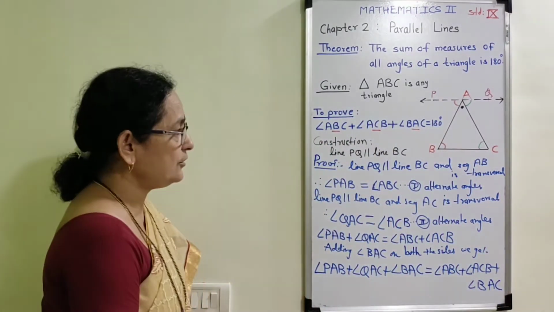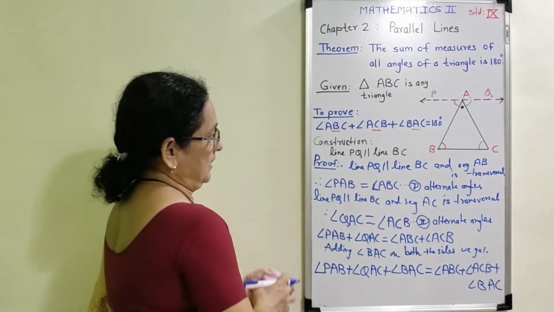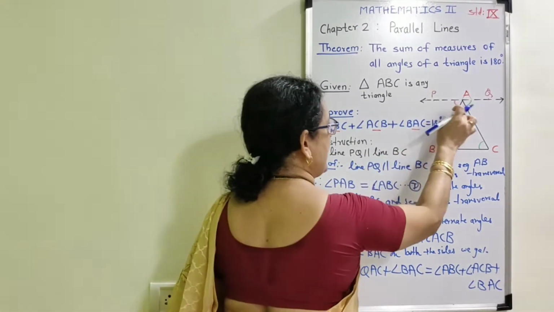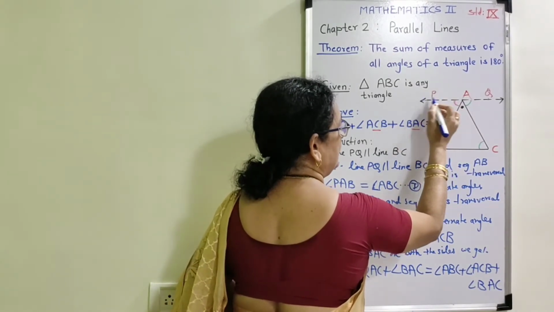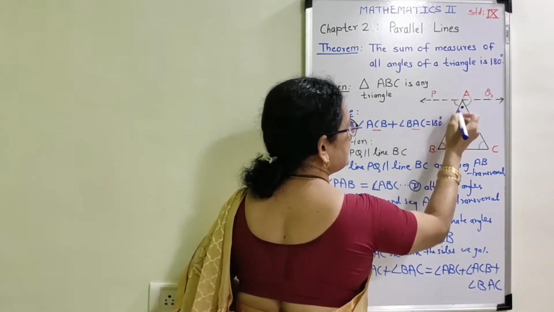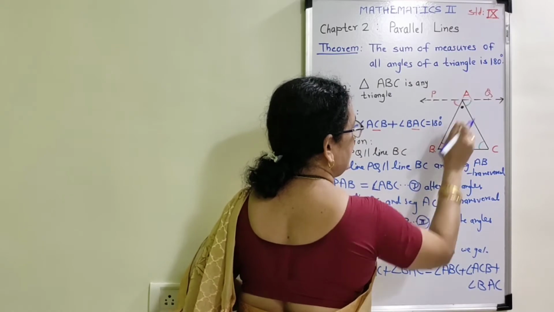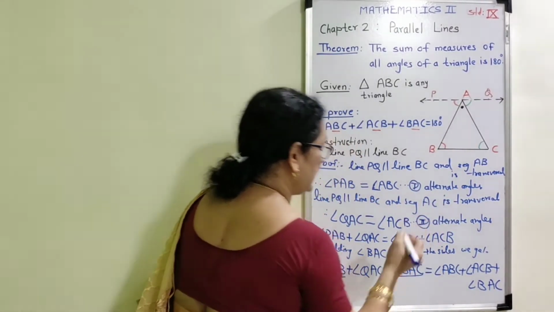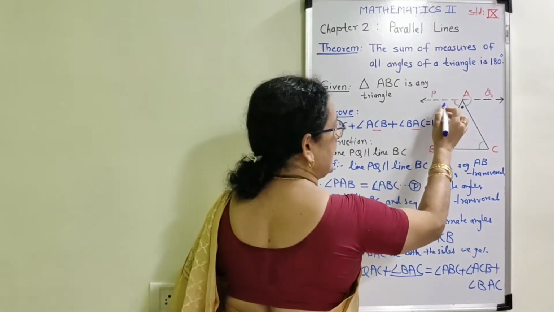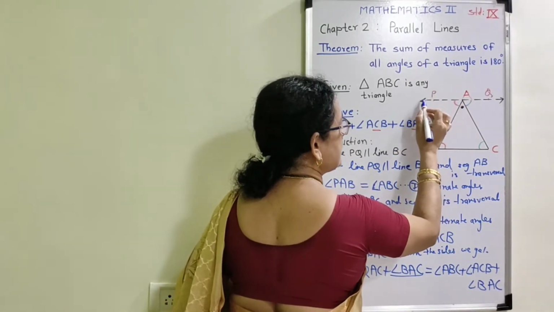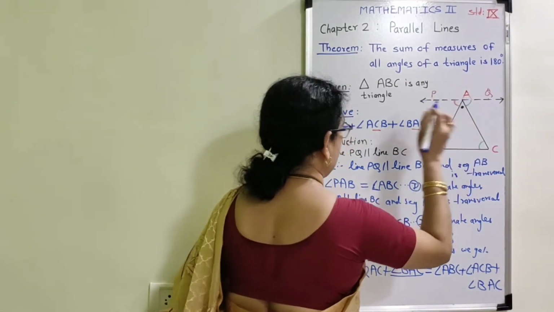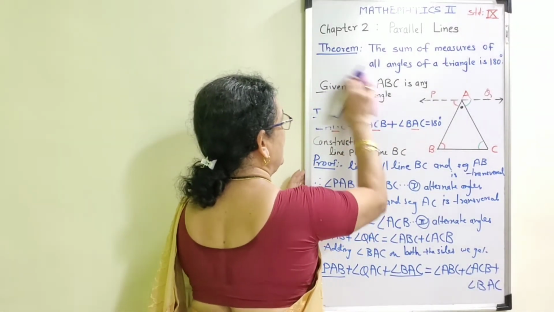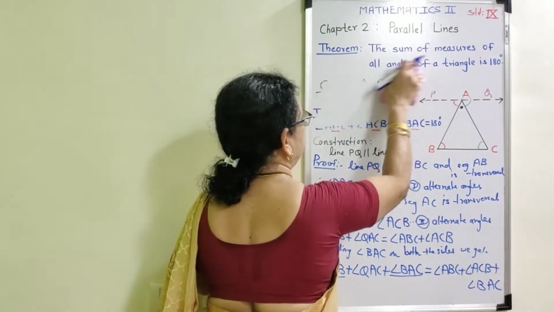Now observe the figure on the blackboard. Here we can add these two angles, angle PAB plus angle BAC. We can write the addition of these two angles as angle PAC. I am going to write that as the next step. Please observe on the blackboard.